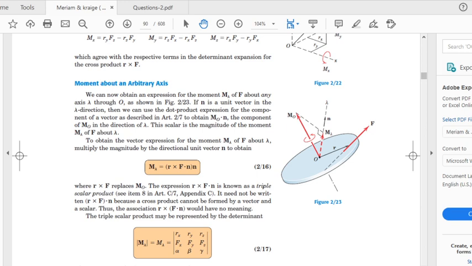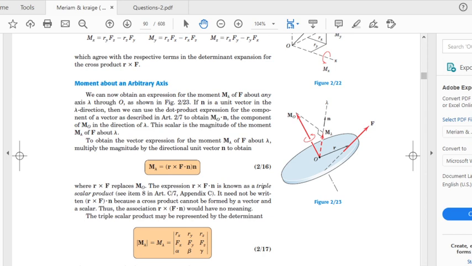So that is the magnitude of the moment about line lambda, and when we further multiply this magnitude of M lambda by the unit vector in the direction of this line, which is again the same n, that is going to give us the moment vector.